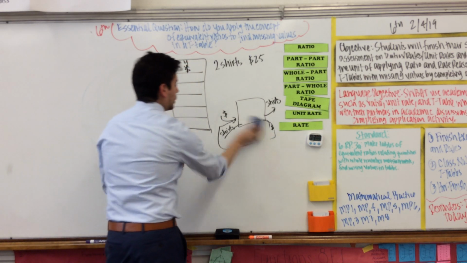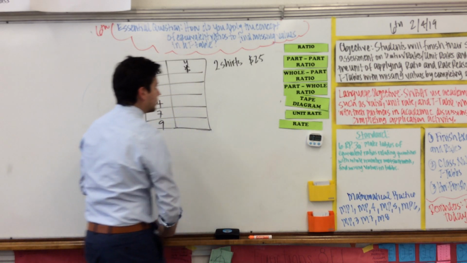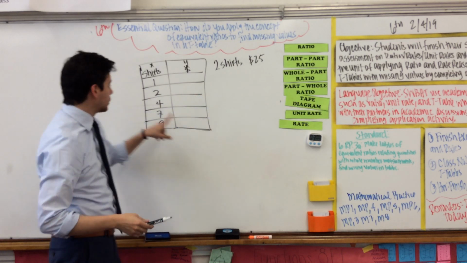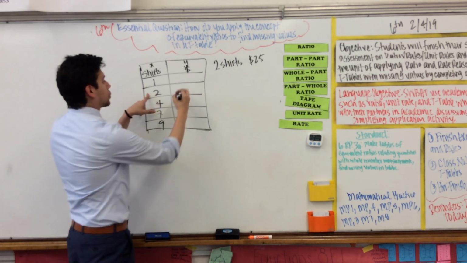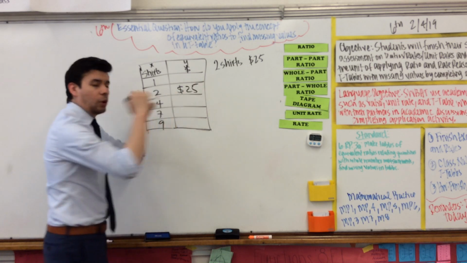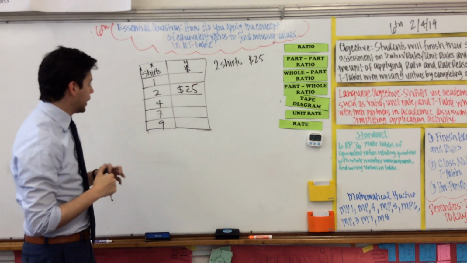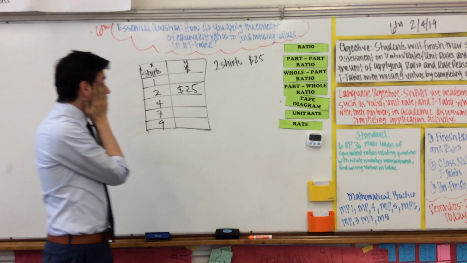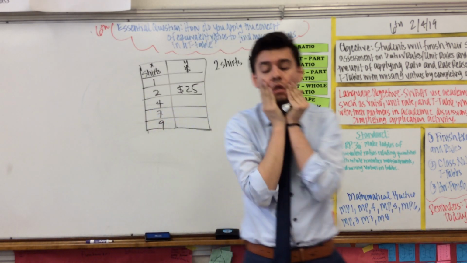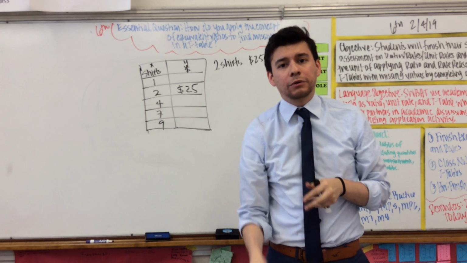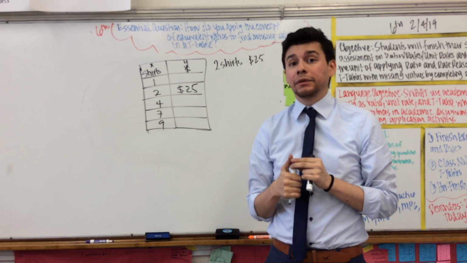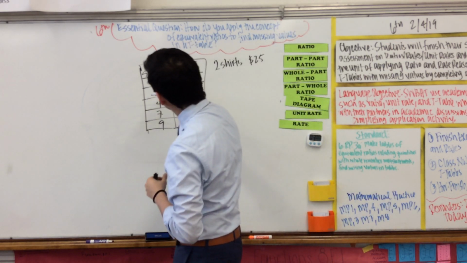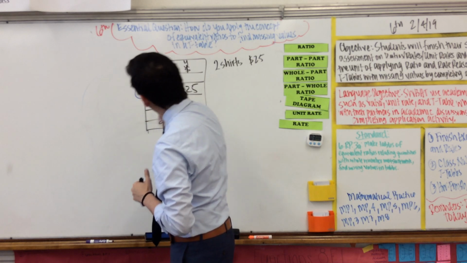Okay. So looking at this, 2 shirts for $25. Oh look, right here, 2 shirts, 25. Boom, 1 missing blank. Okay. Now, oh, what the heck? How do I get 1? Can I go backwards on the T-table? Yeah, you can. You could actually go backwards. From 2 to 1.